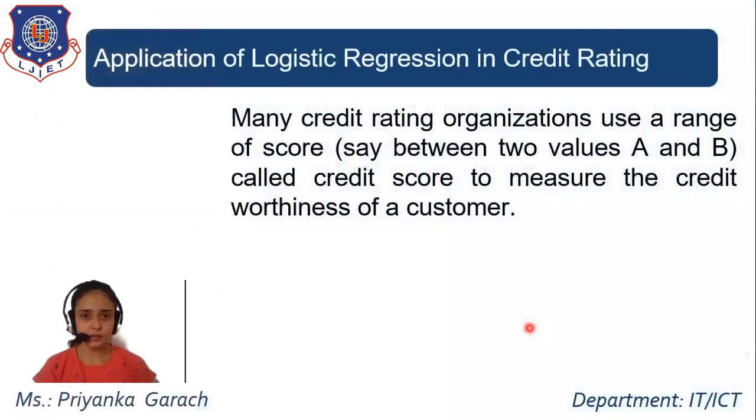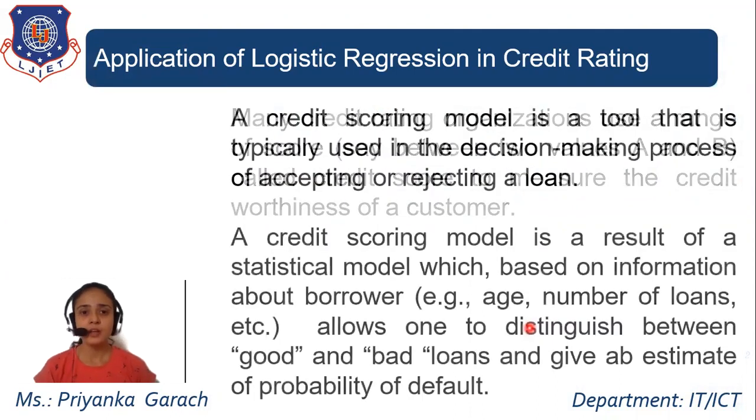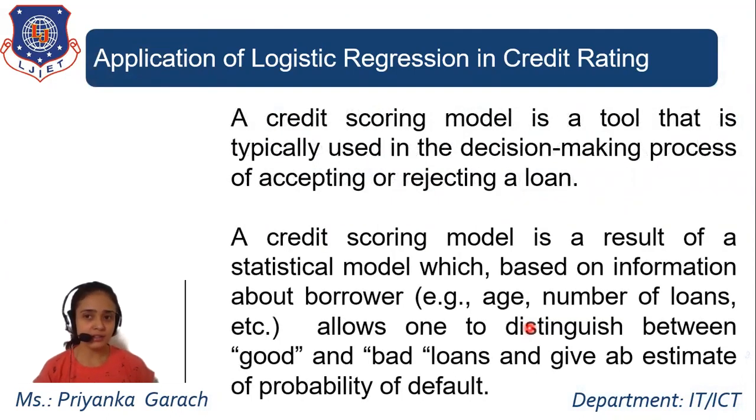So let's start with the application of logistic regression in credit rating. Many credit rating organizations use a range of scores between two values, A and B, called the credit score, to measure the creditworthiness of a customer. A credit scoring model is a tool typically used in the decision making process for accepting or rejecting a loan.